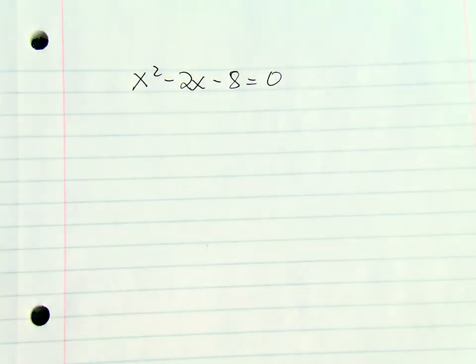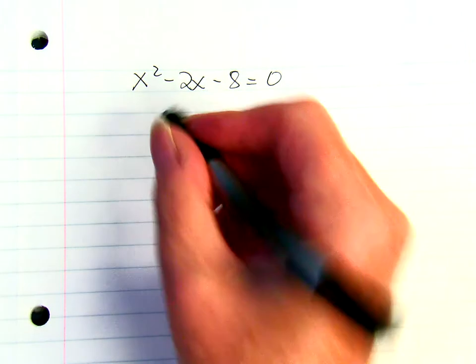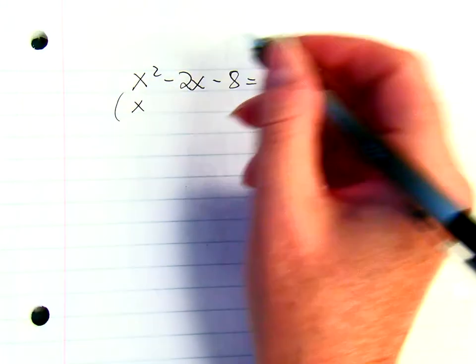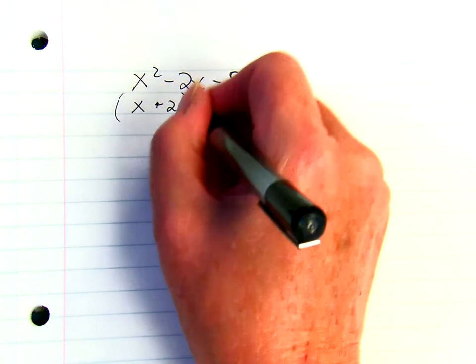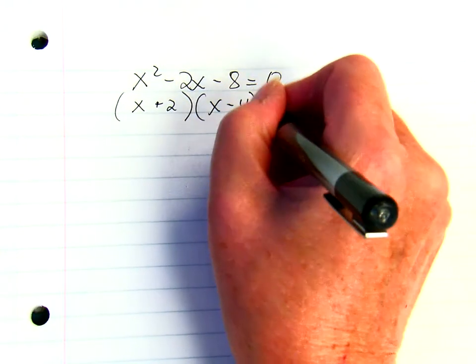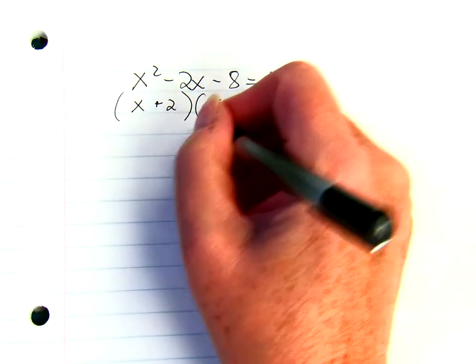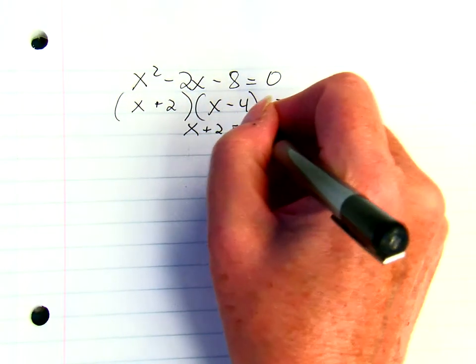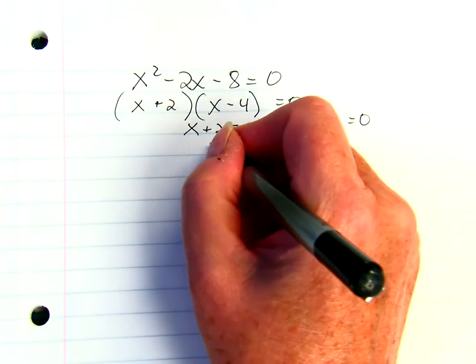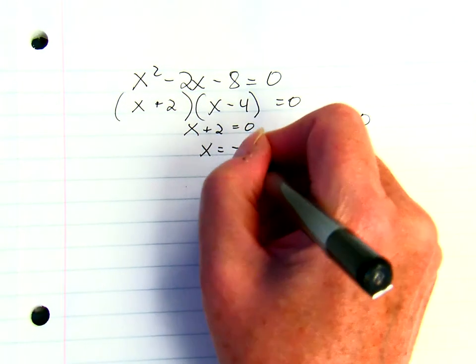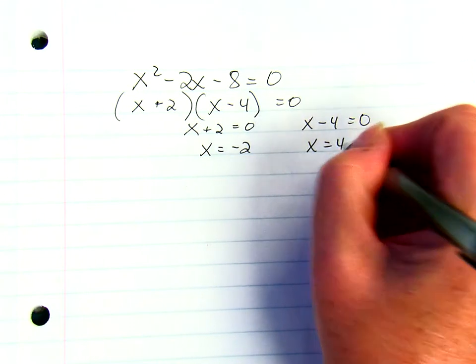Now, I can tell you right off the bat that I could have factored this pretty quickly also with an x plus 2, x minus 4 equals 0, x plus 2 equals 0, x minus 4 equals 0, x equals negative 2, x equals 4.